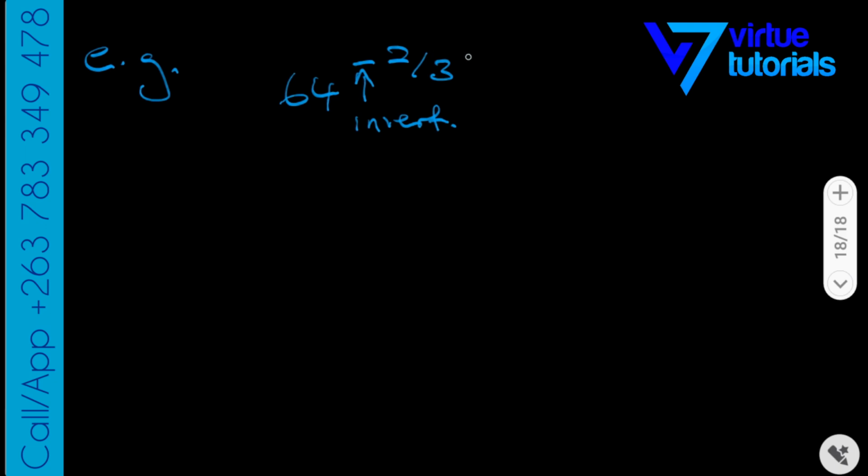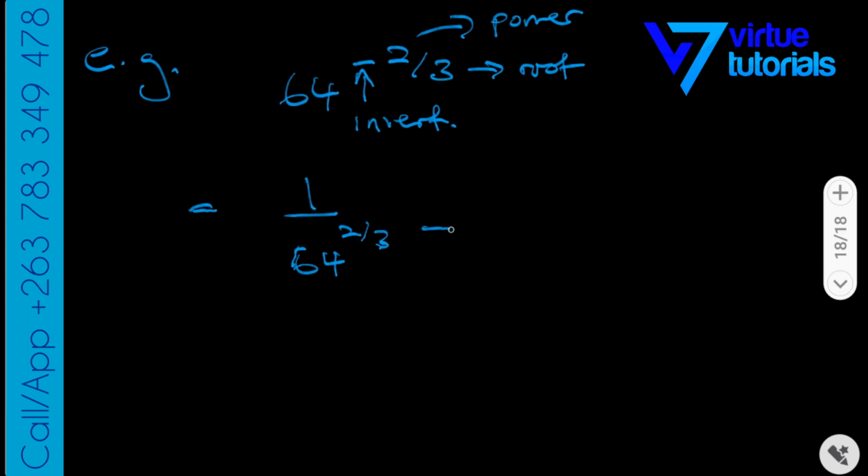Number 2, we have a fractional index, which means one of those has to operate on the root and the other has to operate on the power. So let's start off with invert. If we invert, this becomes 1 over 64. Right? And this 1 over 64 to the power 2 over 3. The power becomes positive on inverting.